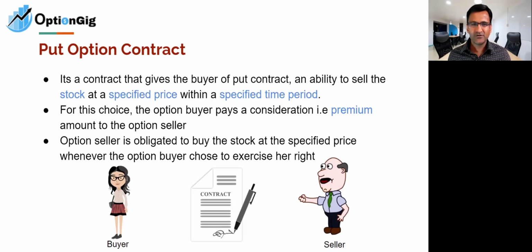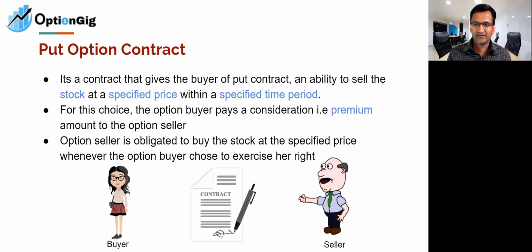In stock cases, you buy an option contract which gives you the ability to sell the stock at a specified price within the specified time period. For this choice, the option contract buyer, in this case Martha, was the buyer of the privilege. She was the buyer of the contract. She was the buyer of the policy. The buyer has to pay a premium to the seller or to the policy writer.